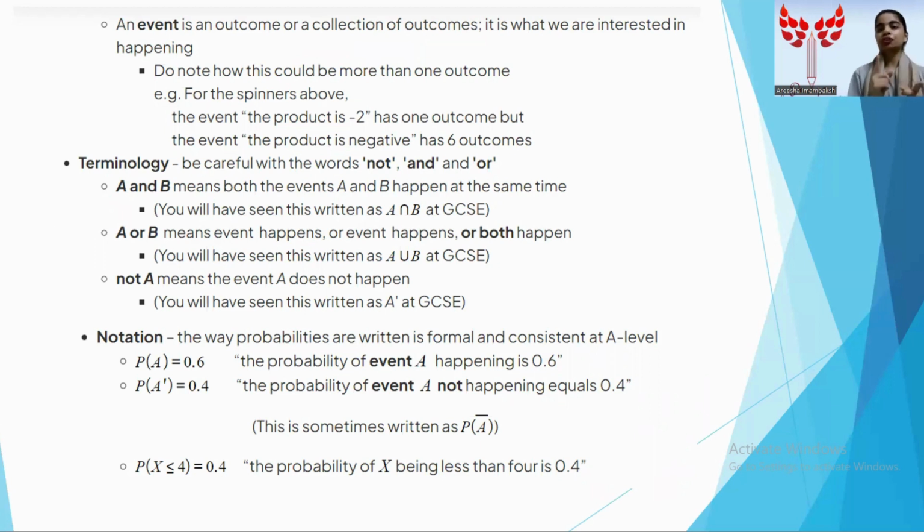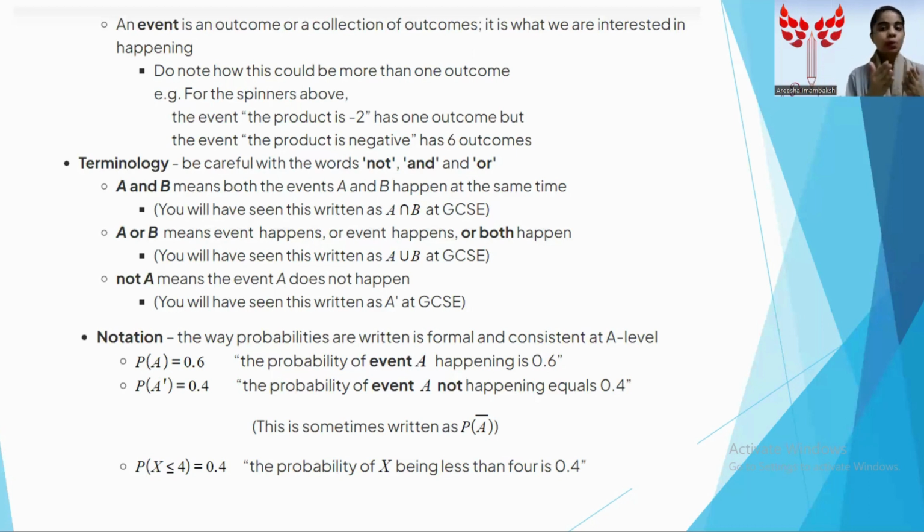So here you should differentiate between what an event is and what an outcome is. There are 16 outcomes for this particular sample space. Each part of the sample space is one outcome.